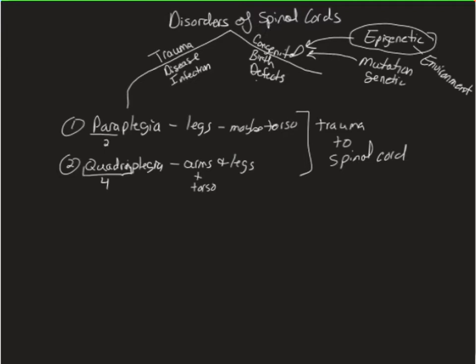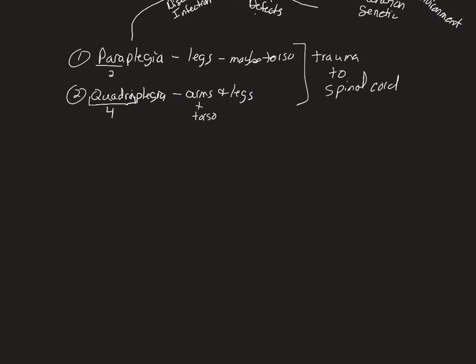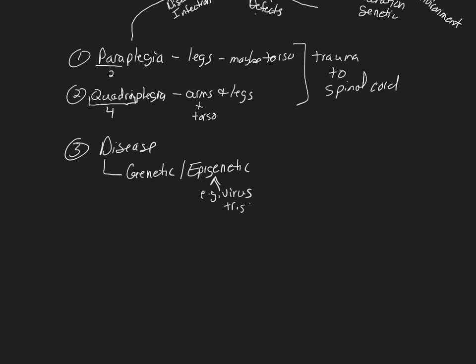Now, some diseases, those are interesting because they can be due to, again, an epigenetic, so we've got over here, we've got disease, and you can have things that are genetic or epigenetic in nature, and that they might have a gene for it, and like for example, a virus triggers the expression of the disease, okay?